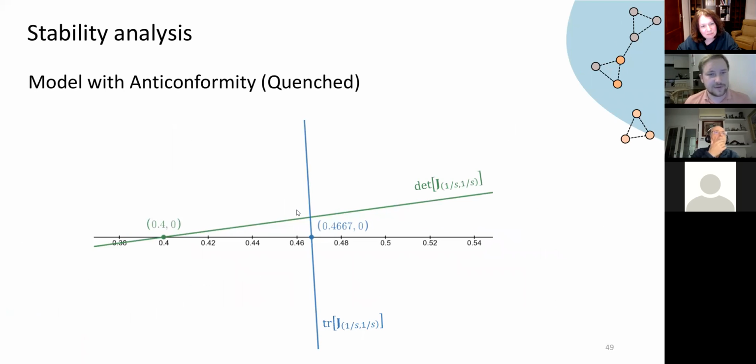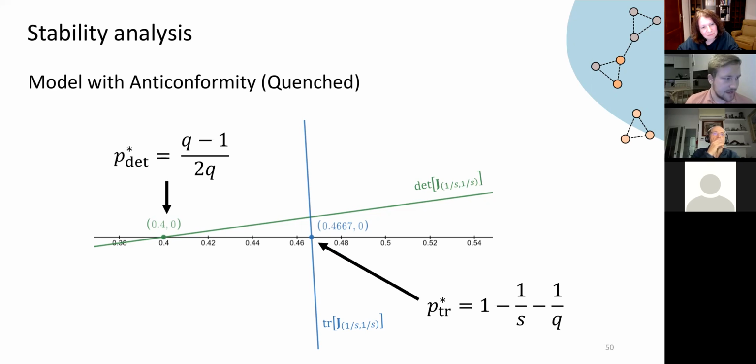But when I look at the model with anticonformity, this is not so easy, because there are some regimes in which the trace is positive, in fact. So I have some triangles like that, where both trace and determinant are positive in sign. Basically, I have regimes where I may have some oscillations, maybe some additional stable solutions not equal to the saddle one.